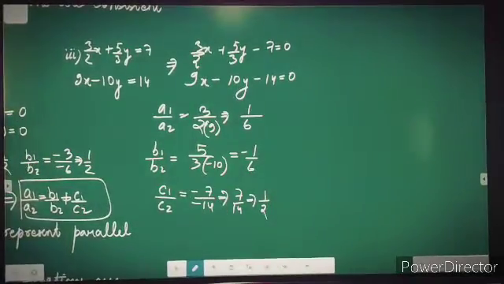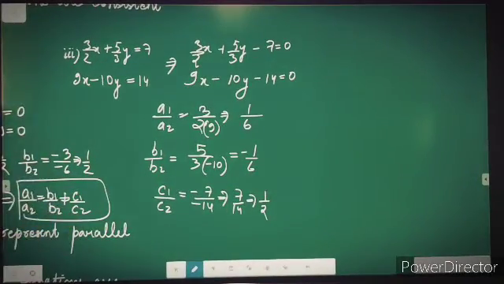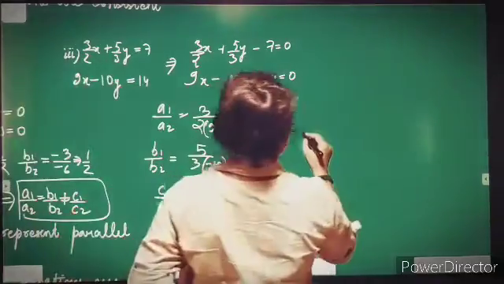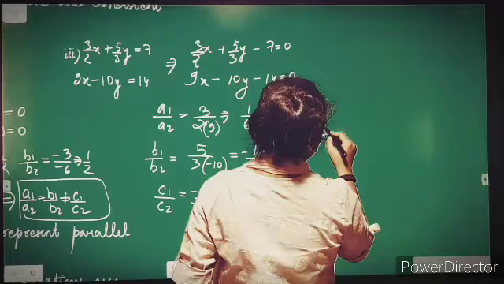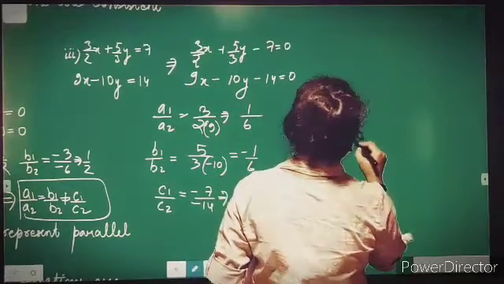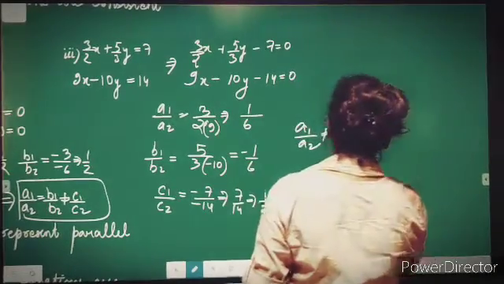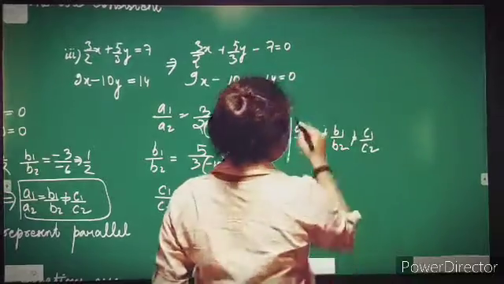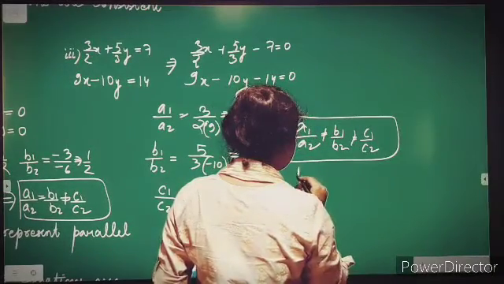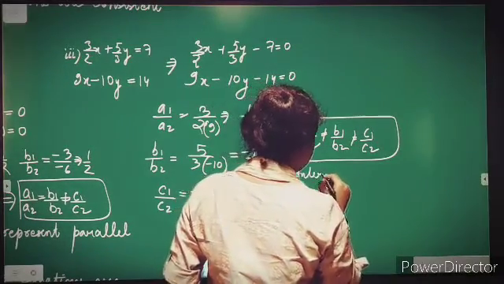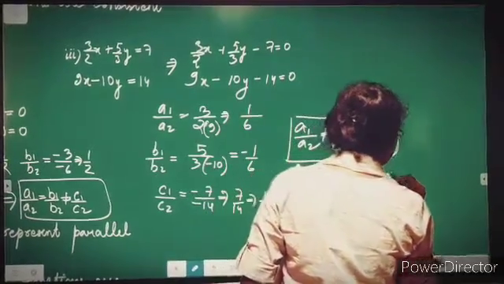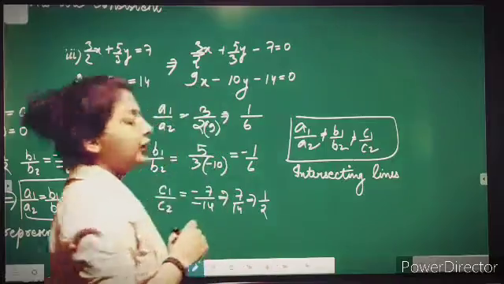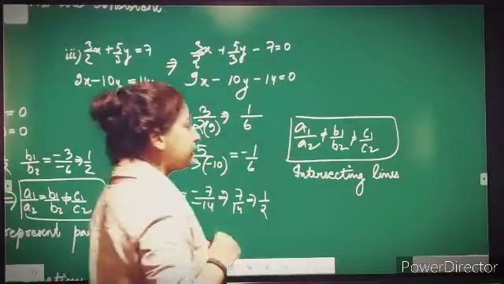Again, a1 by a2 is not equal to b1 by b2, which is not equal to c1 by c2. So this represents intersecting lines, and we know intersecting lines have a unique solution.